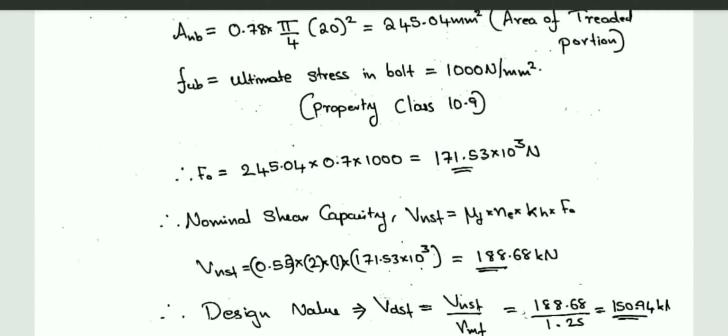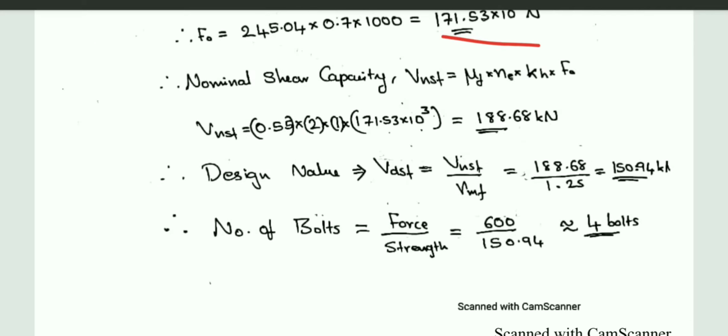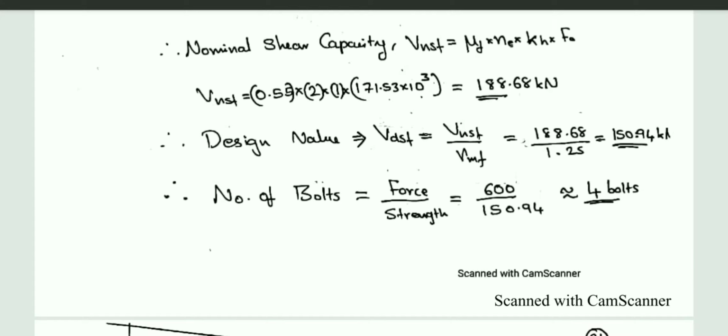So F naught will become 171.53 into 10 raised to 3 by substituting all the values. Gamma mf will be 1.25, again from table number 5, the partial safety factors. By substituting all the values, at the end you will get the design value as 150.94 kilonewton.